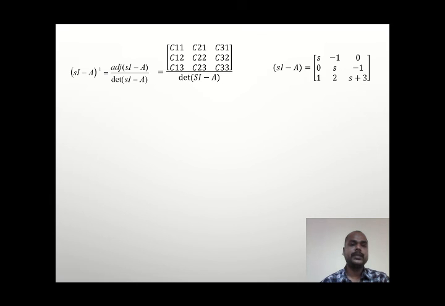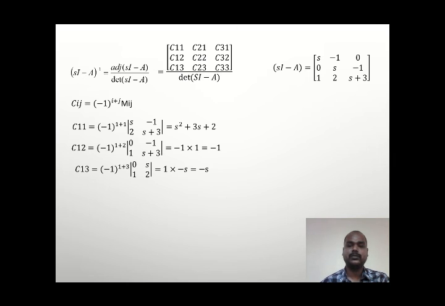Then for obtaining the inverse, first we find the adjoint and then we divide it by the determinant. For finding the adjoint we have this formula, where the adjoint is obtained by taking the determinant of the remaining elements. For C11, we have to take the determinant of the remaining elements C22, C32, C23 and C33.